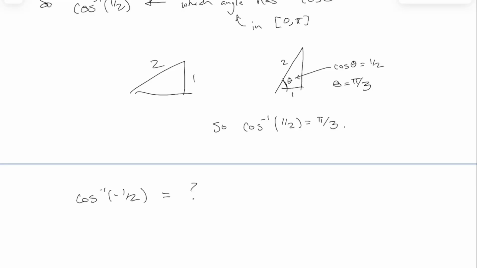The way I would think of it is basically this, but I want the adjacent side to be -1 instead of 1, which I would draw as the same triangle but oriented over here. So now it's -1 here and 2. And then what's the angle here? That would be this angle as measured from there. This is 120 degrees or 2 pi over 3 radians. So inverse cosine of -1/2 is 2 pi over 3.